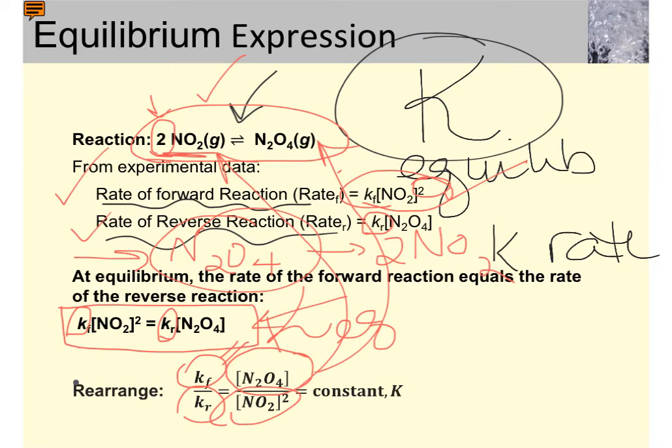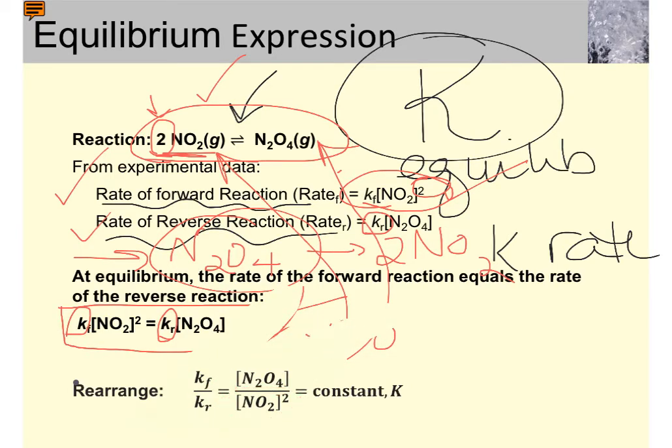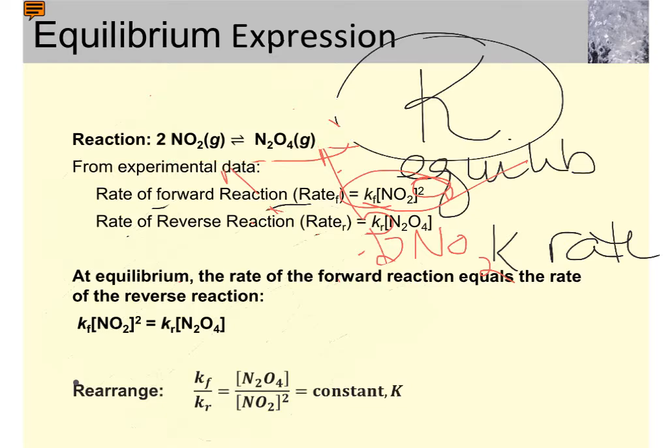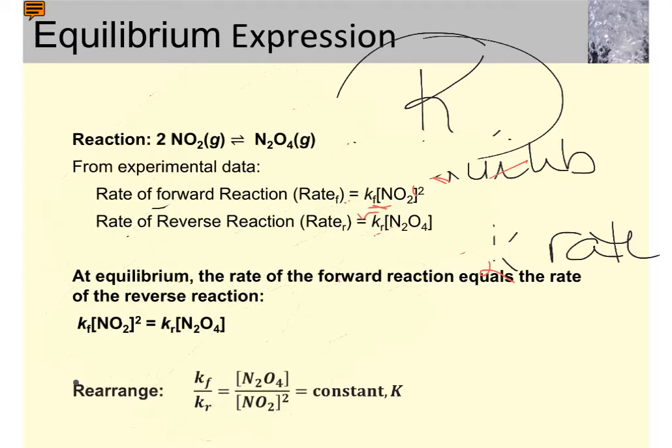Now notice that the exponent, the 2, in an equilibrium constant is from the coefficient in the balanced reaction. Remember, we can only do that in rate expressions when it's an elementary step or one-step reaction. But in equilibrium constants, the coefficients automatically become exponents, right? So that's a big difference between the rate constant and the equilibrium constant.